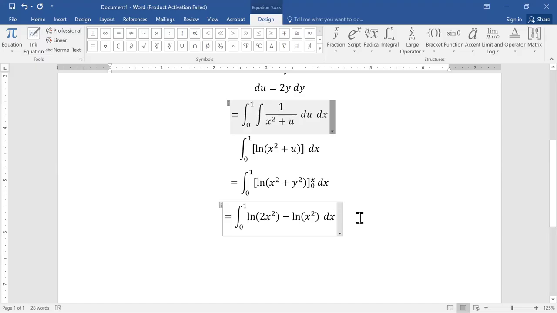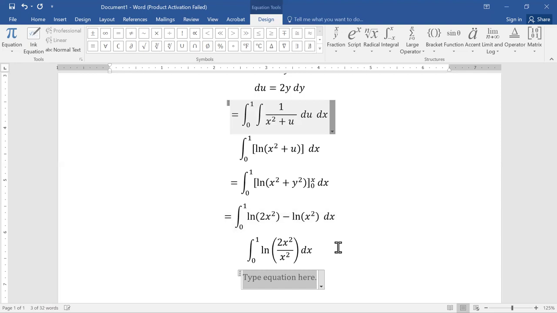But like I said, if you wanted to do this by hand, this is also pretty easy to do by hand, because when you integrate from 0 to 1, you can use a rule of natural logs, which says natural log of something minus natural log of something is the natural log of the quotient, 2x squared over x squared. That's one of the rules of natural log. That's a quotient rule. And you'll notice that the x squared over x squared are going to cancel out.